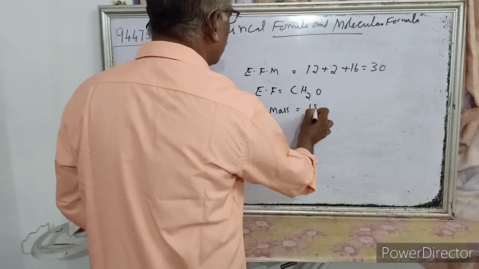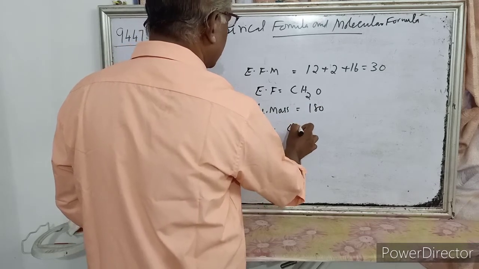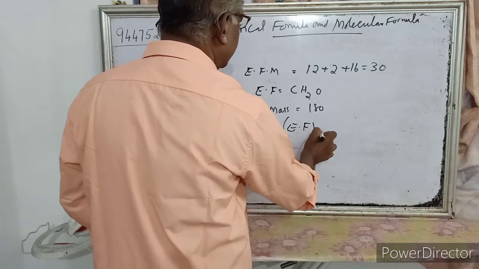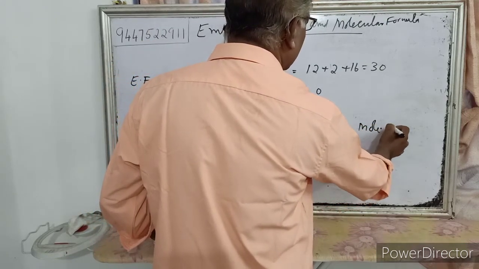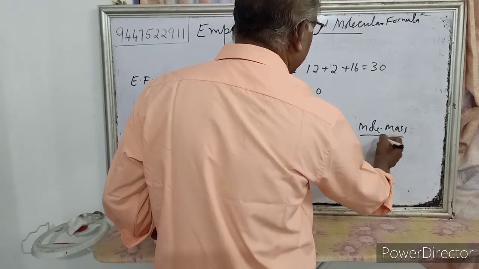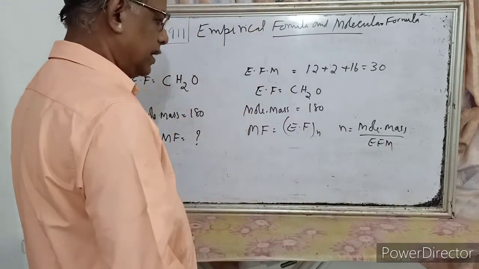Molecular mass is equal to 180. Molecular formula is equal to empirical formula n times, where n is equal to molecular mass divided by EFM, empirical formula mass.